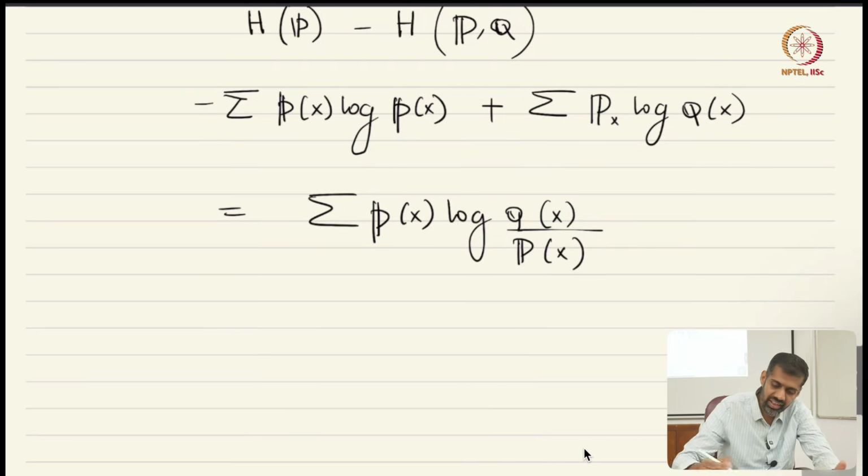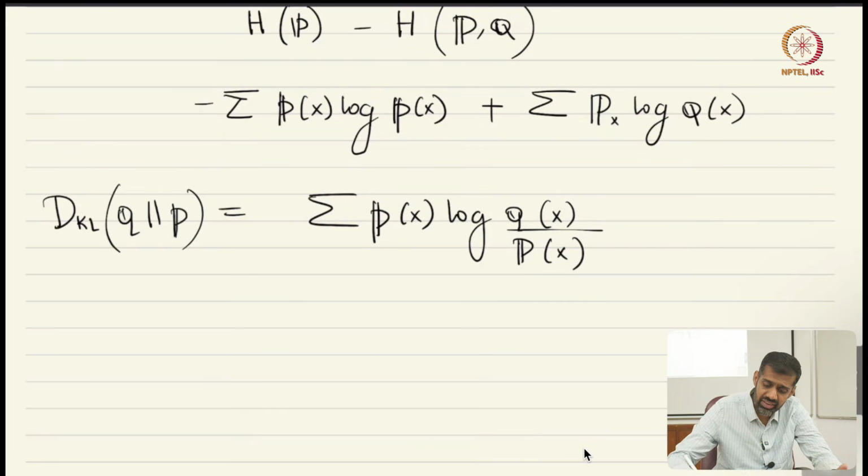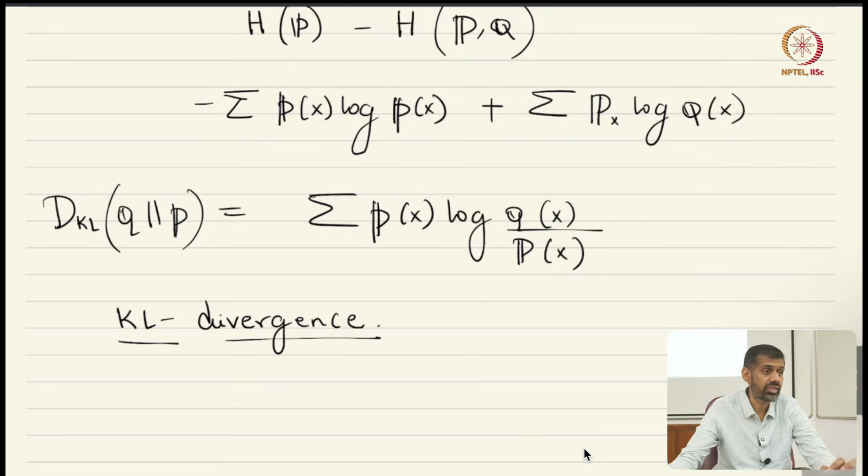Okay. So, let me write this quantity as, and by the way, this is what is called the KL divergence, the Kullback-Leibler divergence between two distributions.